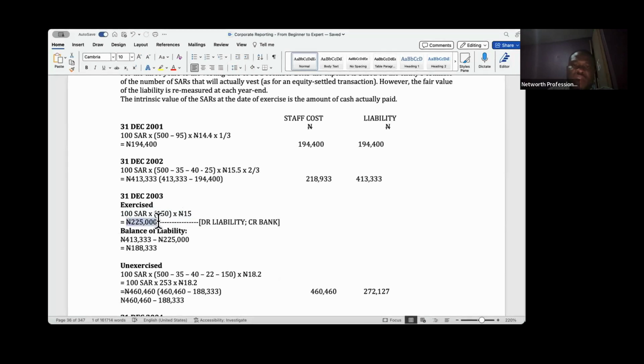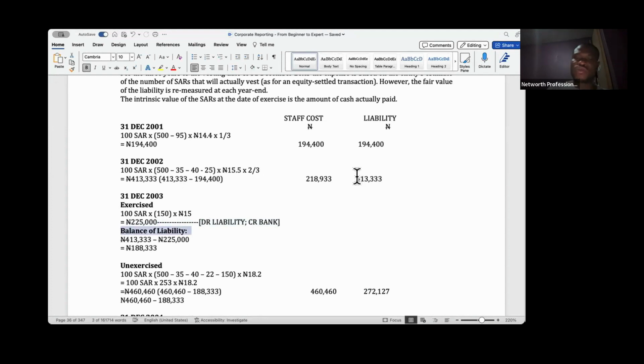When I say paying, that means their liability will reduce. That's why I debited my liability, because money is going out from the company through the bank. You might not necessarily show this debit and that credit. What is important is you understand that when we say exercise in cash settled, it means the company is going to pay whatever the exercise value is.